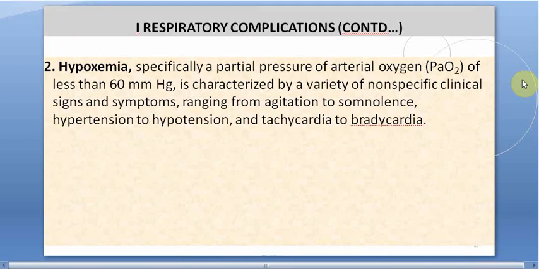They can have hypotension, then tachycardia or sometimes bradycardia also. So that is particularly seen in hypoxemia. Sometimes hypoxemia is also referred to as a low level of oxygen in the blood.